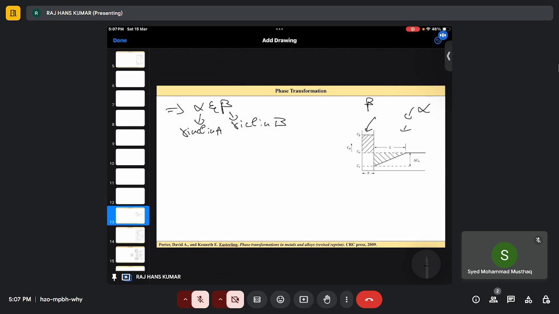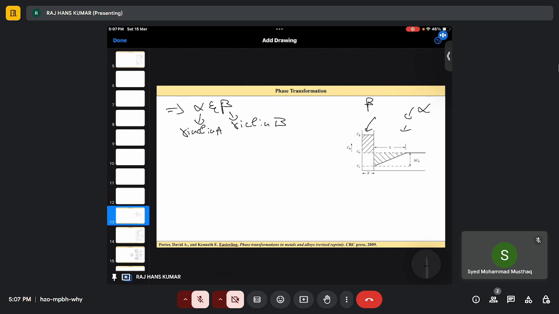Now, just like I have said before, let's say I have defined a certain amount of undercooling and also a certain temperature where the diffusion takes place and also nucleation takes place. Now let's focus on diffusion. Let's suppose my precipitate has formed. I've done my transformation.